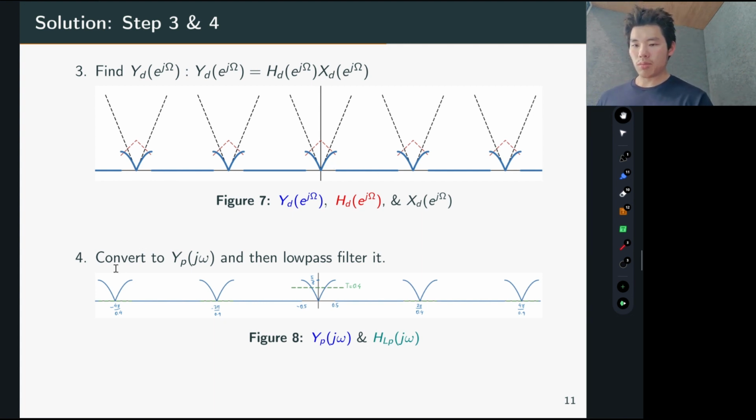And then after you obtain Yd(e^jω), you're going to convert it to Yp(jω), so you're doing the reverse. Now you're dividing by T, and hence the centers are at 2π over the sampling period, and then you also run it through a low pass filter.